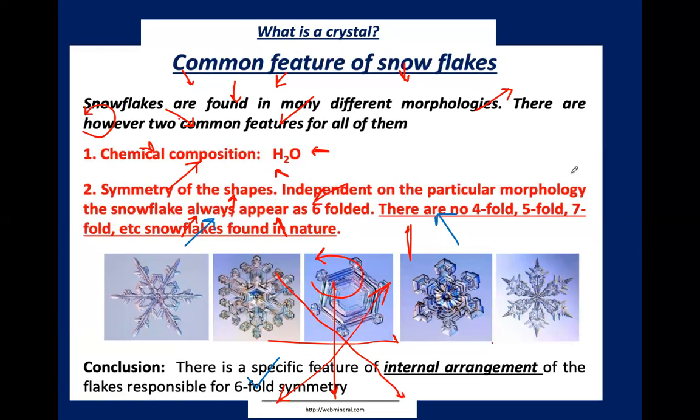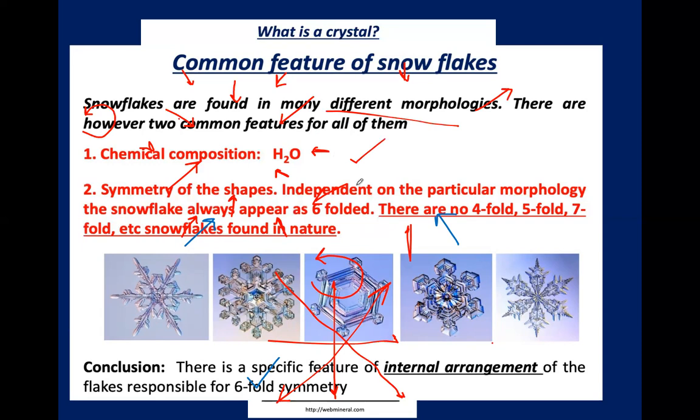So here you can see the snowflakes story. You can see different morphologies are there for snowflakes, for snow crystals, but still you can find the features that we have already discussed about the symmetry. So another important feature is the composition. Chemical composition is common.